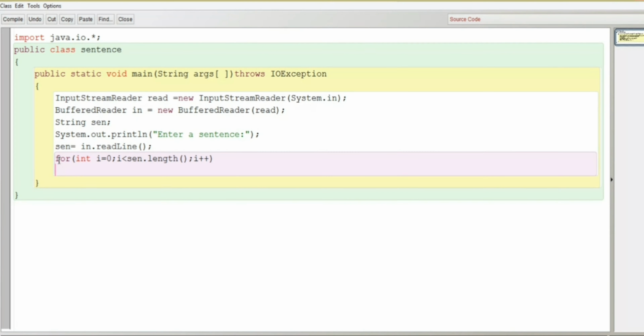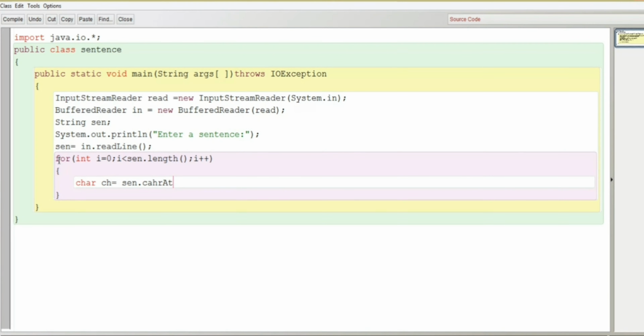Presently, a few common things are already written. I enter a sentence and place that sentence in string sen. Sen is a variable where I am placing that sentence.